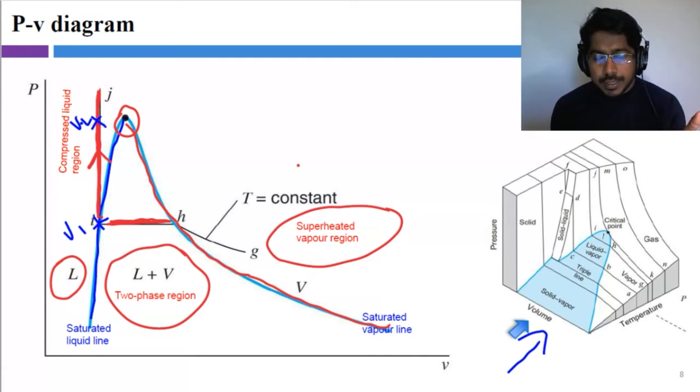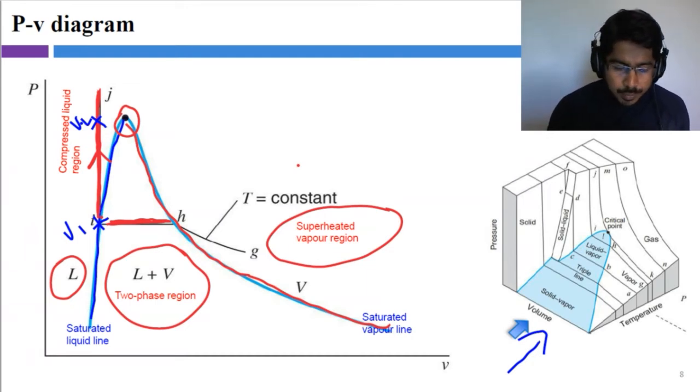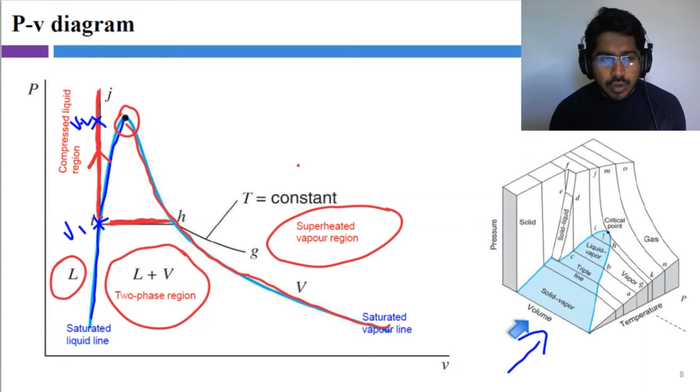So when you go to property tables, you'll note that for the compressed liquid region, we don't have the flexibility like P and T with the specific volume, there are not many values given there, right? So in that case, we can assume the specific volume in a process going in the subcooled or compressed liquid region is similar to the specific volume of the saturated liquid at that given temperature.